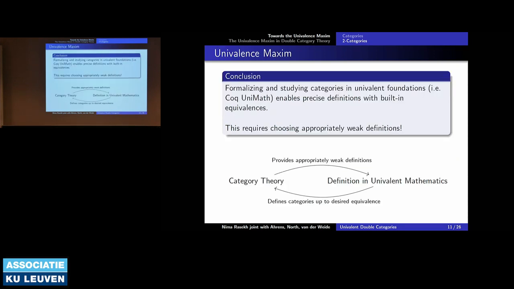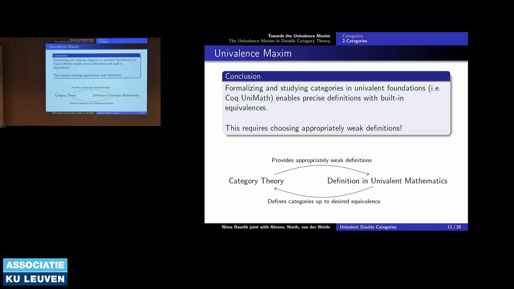And so now this allows me to make sense of what we call a univalence maxim, which is saying that in a univalent setting, I can take a categorical structure, I can take an equivalence that I like, and I can define my categorical structure in a way so that the identity will precisely be the equivalence I started with. And sometimes I have to appropriately weaken my structure along the way.